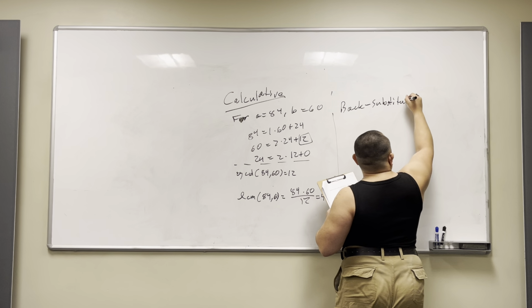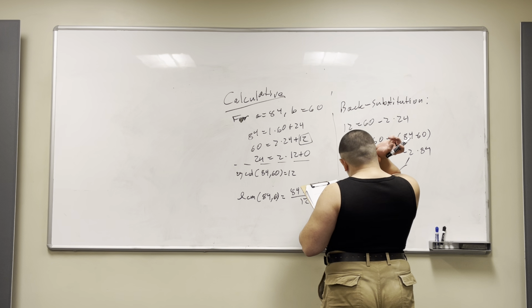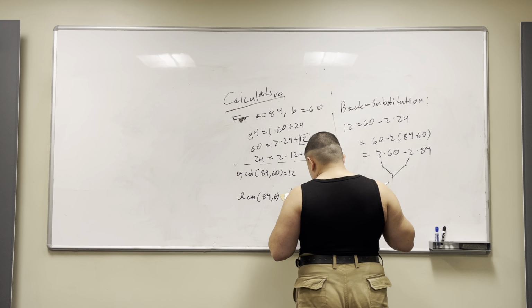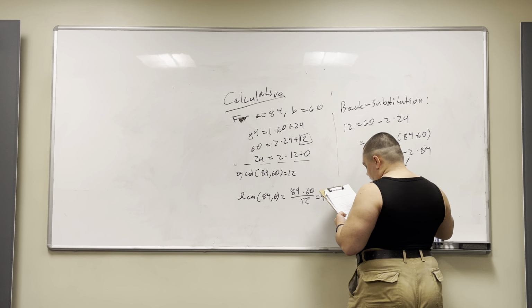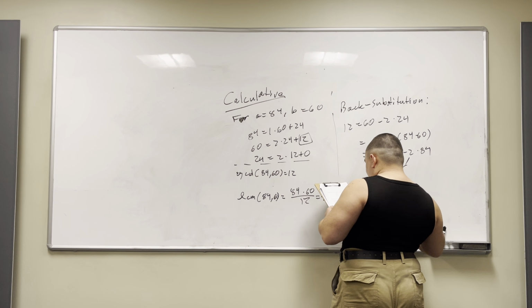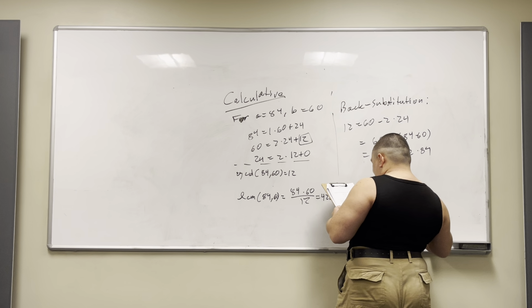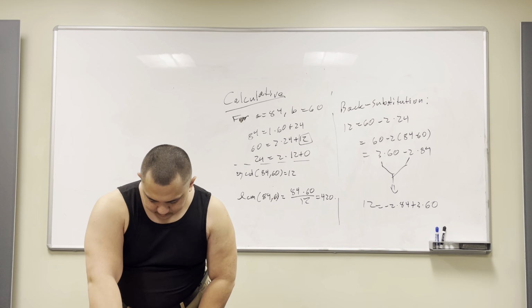So you can see this reoccurring pattern where a thing is divided into two such objects, products, like we were dealing with before, to speak of the Bezout coefficients. But suffice to say, 12 is equal to negative 2 times 84 plus 3 times 60. Rearrange that. That's what you get. All right.